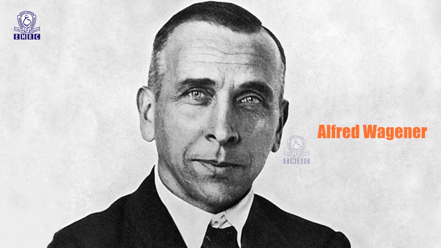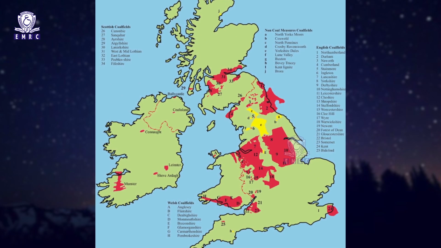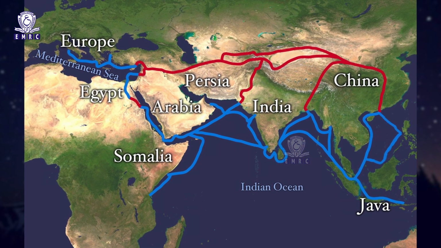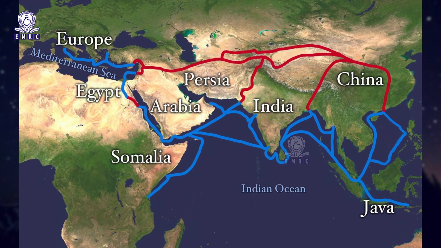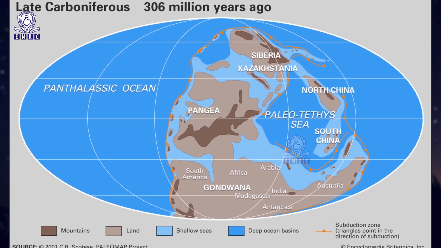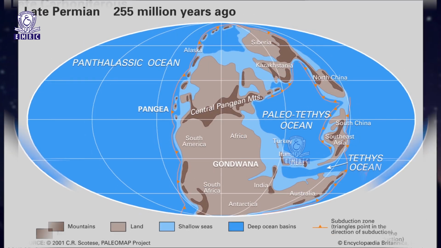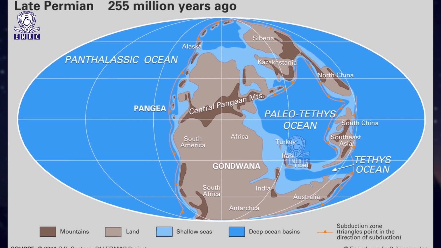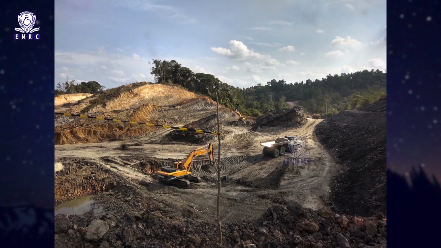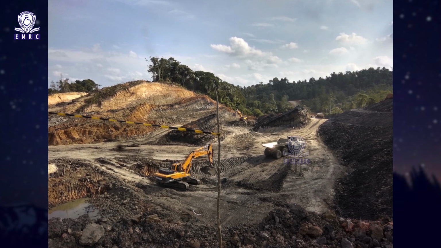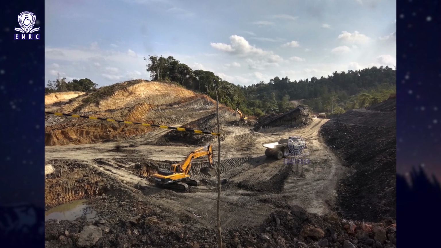According to Wegener, the large mid-latitude coal deposits which stretch from North America to Europe to China, dating to the Permian Carboniferous periods, existed because these regions once were more equatorial in location and therefore covered by dense vegetation that later became coal.